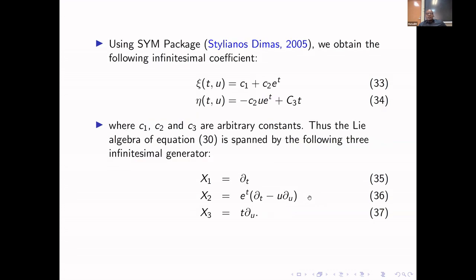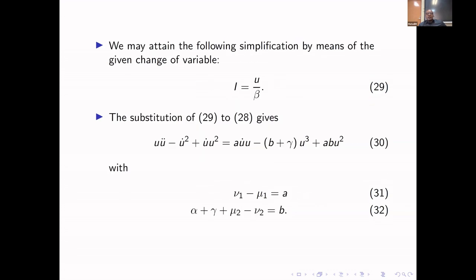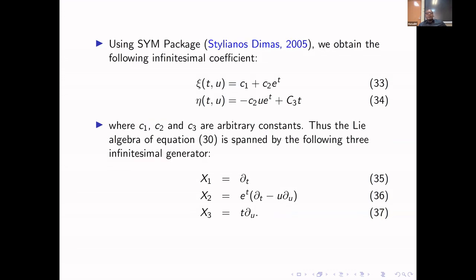Then we call mu1 and minus mu1 A, and gamma plus alpha plus mu2 minus mu2 B, to reach equation 30.